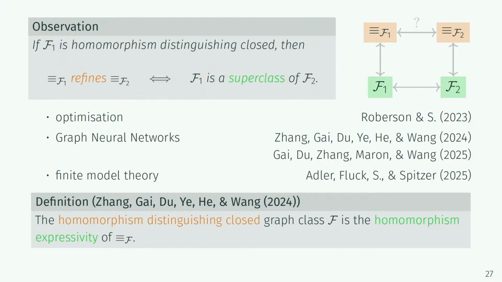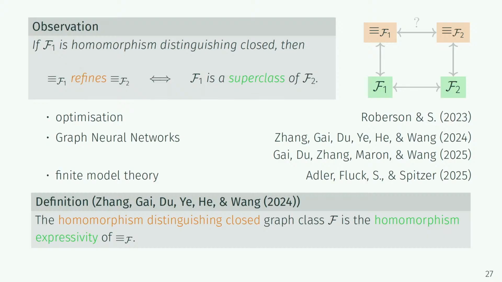So to a homomorphism indistinguishability relation, you can associate a homomorphism expressivity, like there's a one-to-one correspondence between homomorphism indistinguishability relations and their homomorphism expressivity. So in other words, instead of studying the homomorphism distinguishing closed graph classes, we can study the homomorphism expressivities. Okay, so this graph class is a description of that graph isomorphism relaxation.